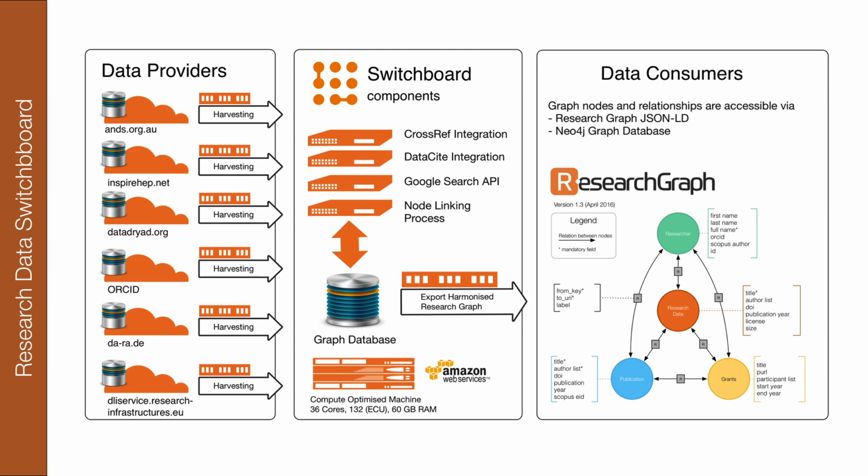It has a Google search integration. It does some fuzzy matching and does name disambiguation to some level. And the result of this is the curated graph in a model that we call the research graph. So the research graph is really the product of the Switchboard component when it forms the connection between datasets and all other elements in the research ecosystem.